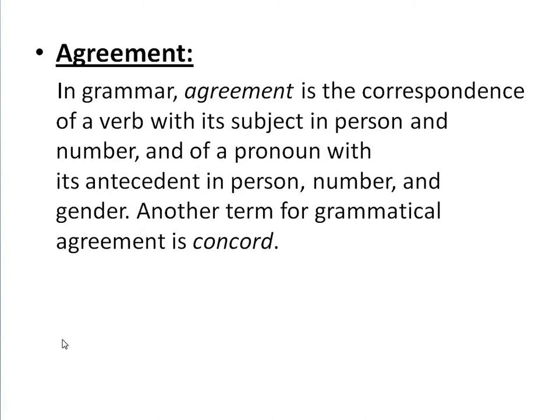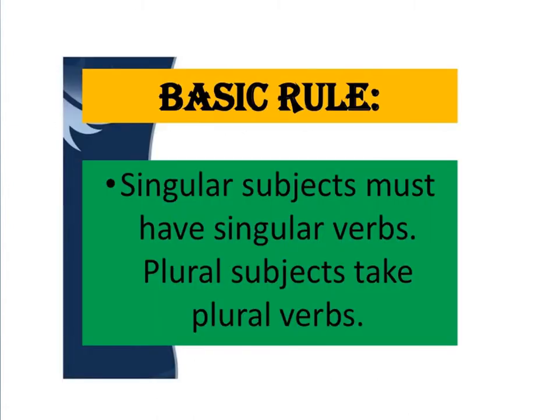So what is agreement? You might have studied at intermediate level or bachelor level noun-verb agreement, that a verb should have agreement with its subject in number, in gender, in person. The basic rule is singular subjects must have singular verbs, plural subjects take plural verbs.